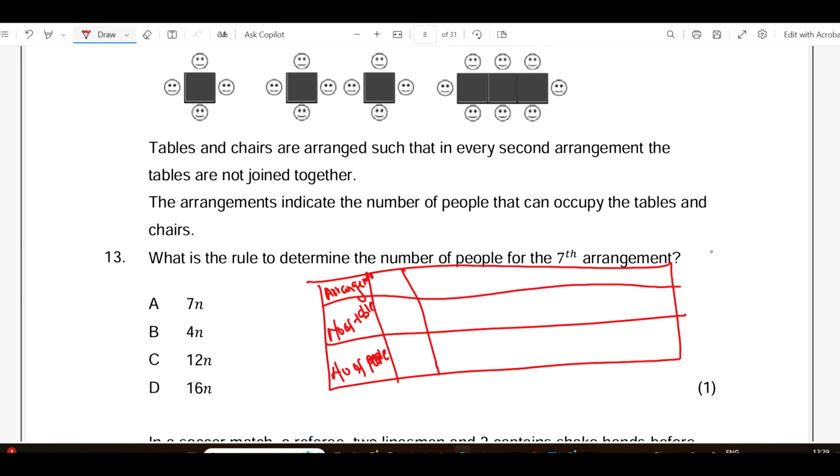This is table number 1, number 2, number 3, number 4, number 5, number 6, and number 7.